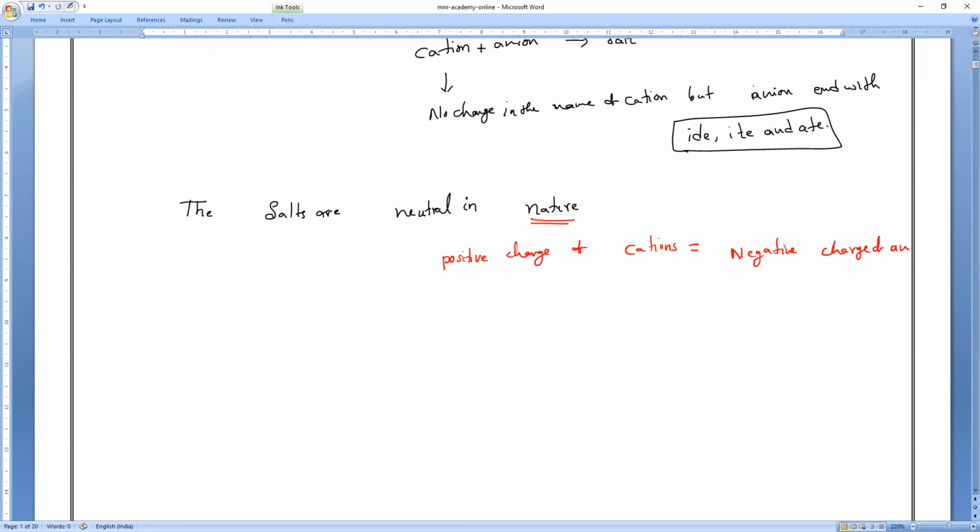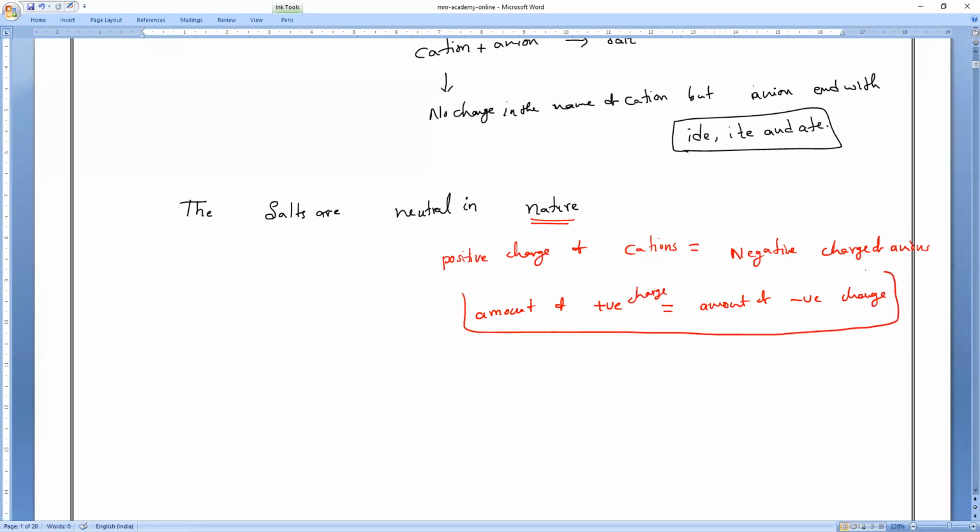The amount of positive charge is equal to the amount of negative charge, so both get cancelled out and it will be neutral. Am I right or wrong, everybody?